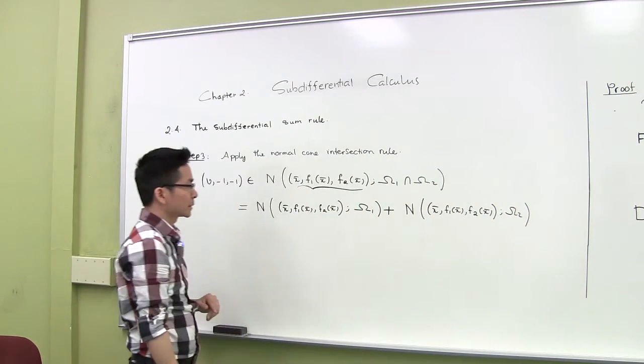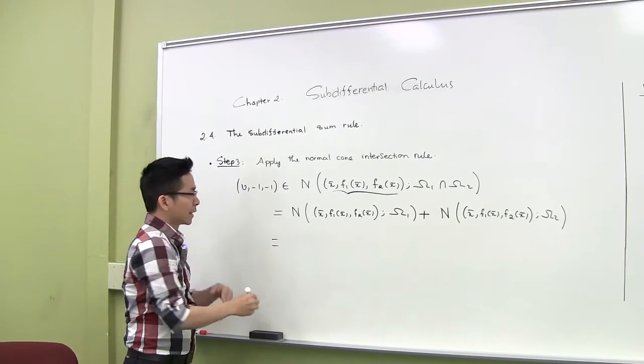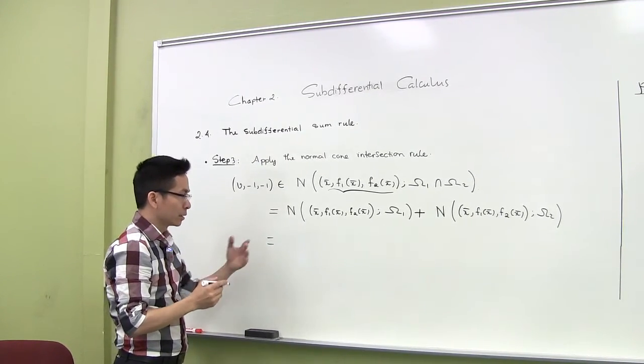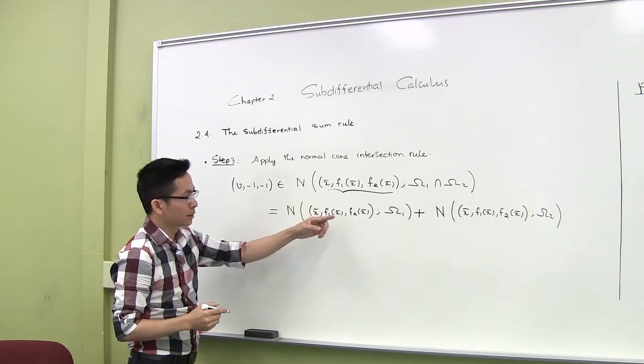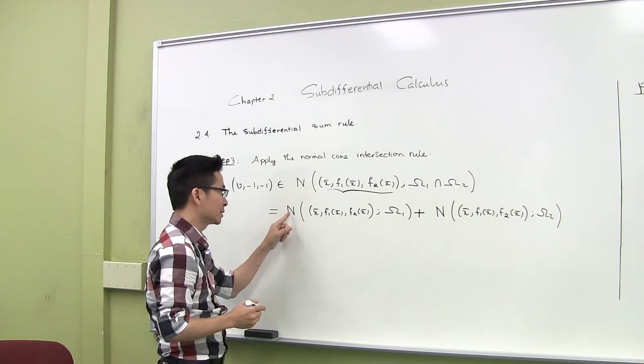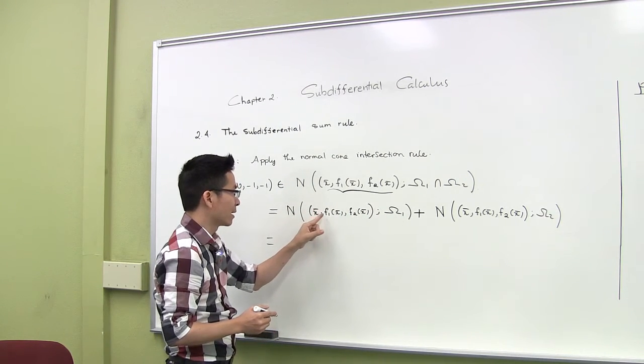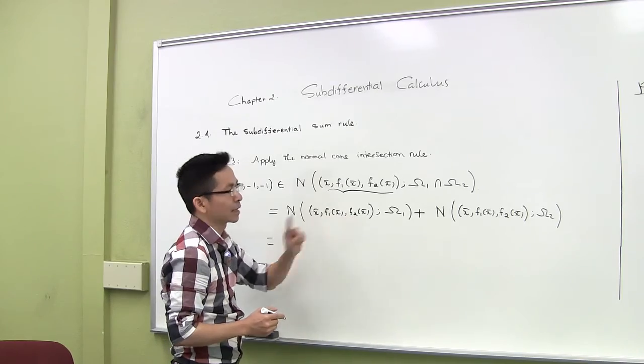Okay, now at this step we're going to apply the formula in order to represent the normal cone to omega 1 at x bar, f1 x bar, f2 x bar.